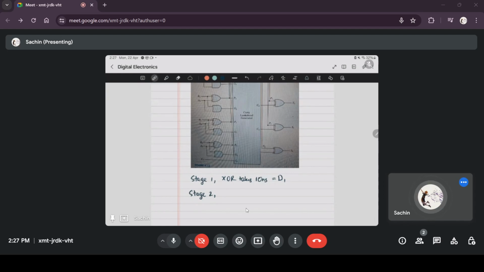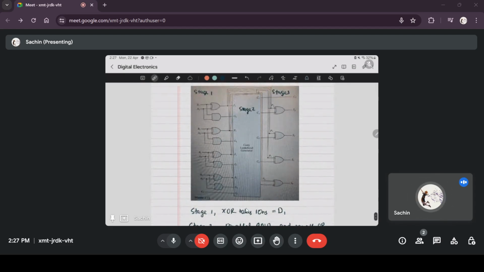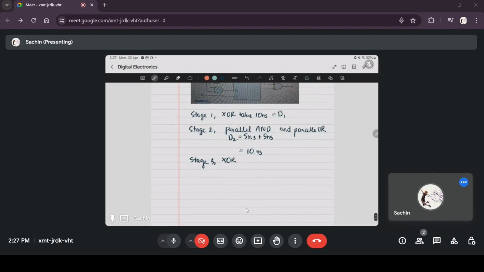So the second stage delay is 5 nanoseconds for the AND and 5 nanoseconds for the OR, which is 10 nanoseconds. In stage 3 we have again XOR gates, which give 10 nanoseconds. So total delay is D1 plus D2 plus D3, 30 nanoseconds.